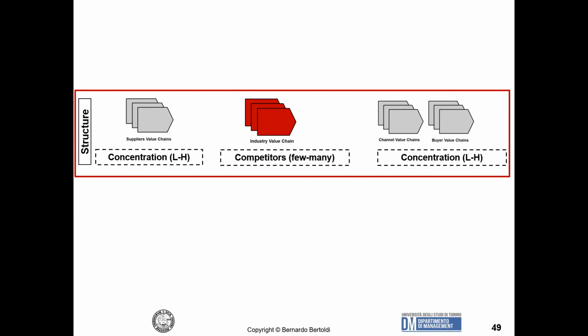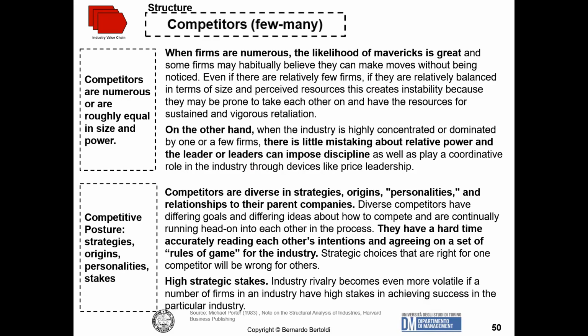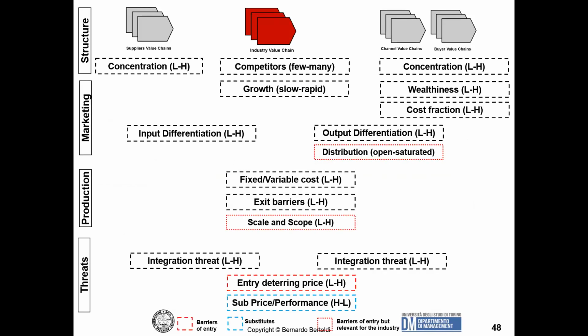So you see the structure of your industry, the industry in which you are, but also the structure of the industry you are selling to, and the structure of the industry of your suppliers from which you are getting supplies. All these three areas of industry structure must be analyzed deeply to understand the forces working on the model.